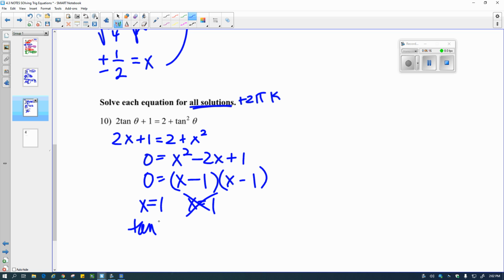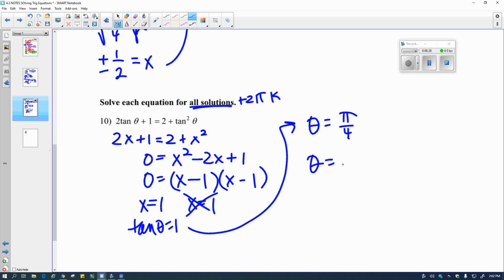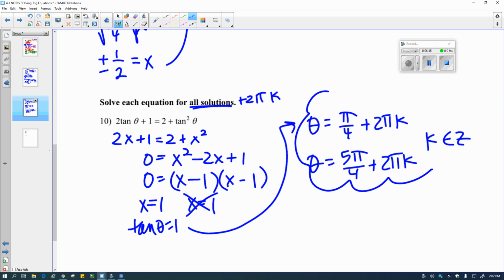When is the tangent 1? So the tangent is 1 when theta equals pi over 4, and when theta equals 5 pi over 4. Pi over 4 family in the first and the third quadrant, plus 2 pi k, where k is an element of the integers. That's one possible answer.